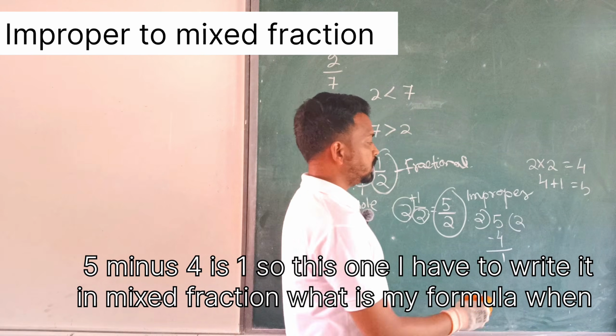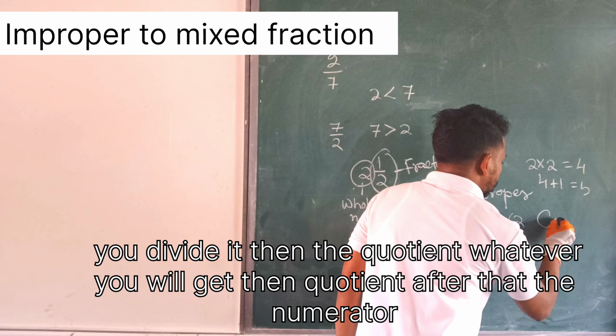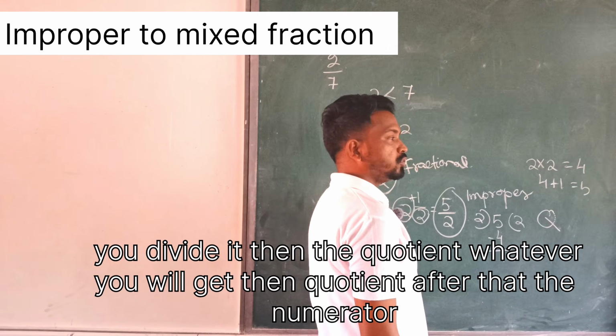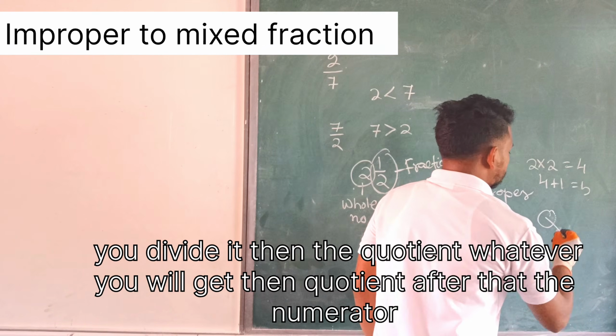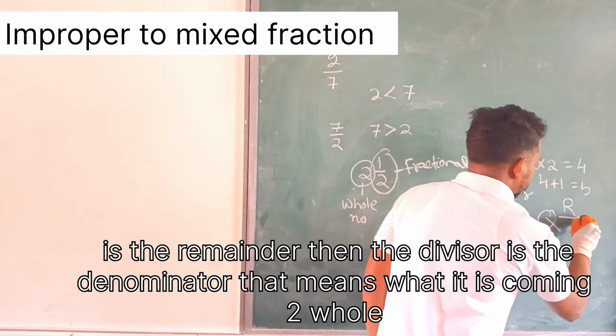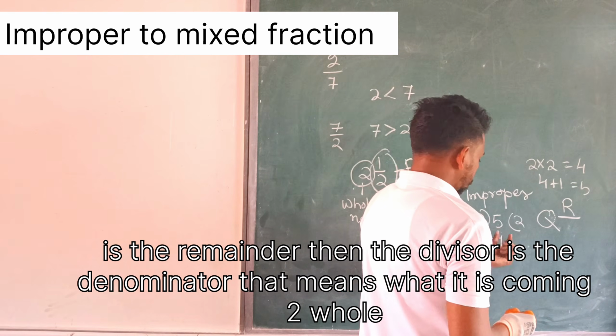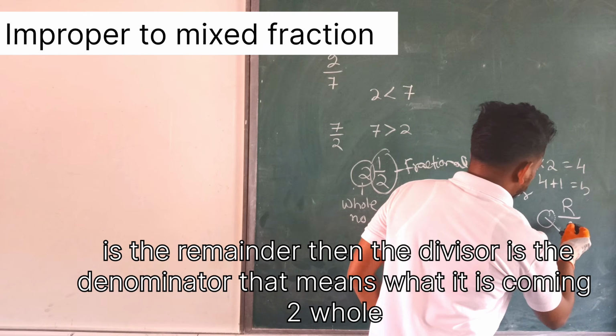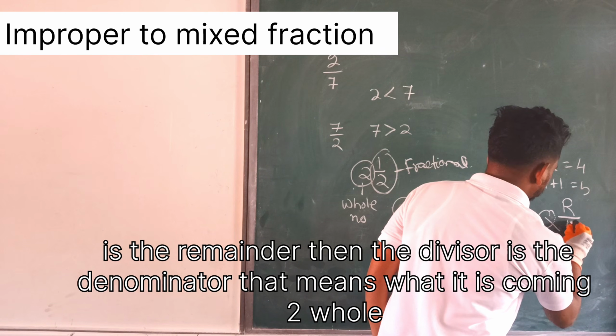What is my formula? When you divide, whatever quotient you get is the whole number, the numerator is the remainder, and the denominator is the divisor.